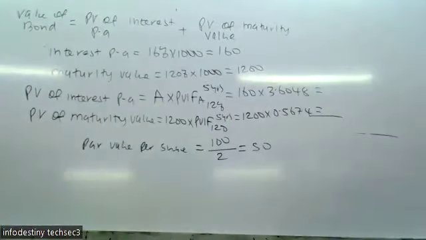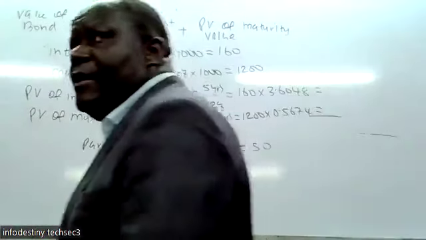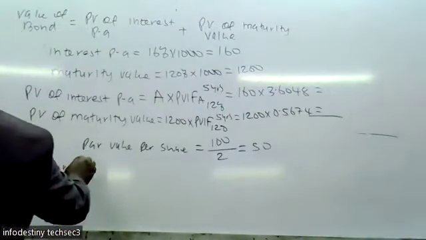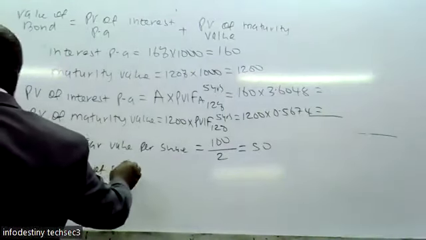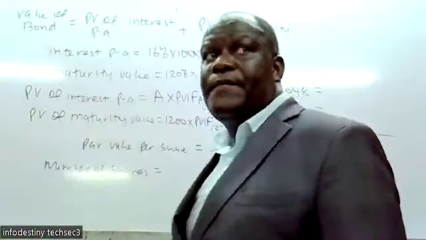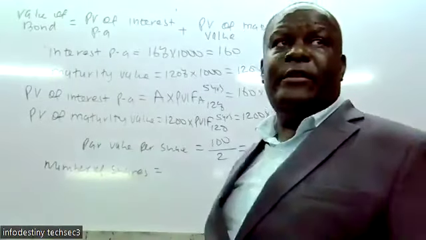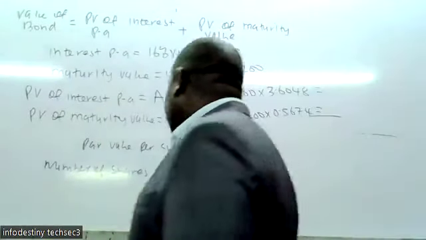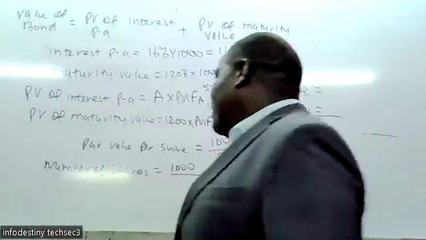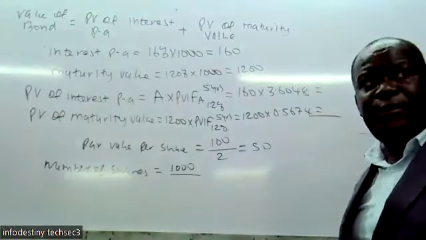So you want to know how many shares will be there, the number of shares. So we know the par value of the bond is how much? The par value of the bond is 1,000. Then they are saying each ordinary share is 50 shillings.